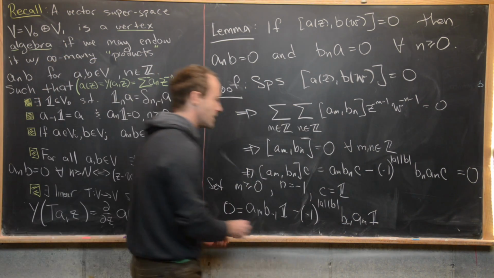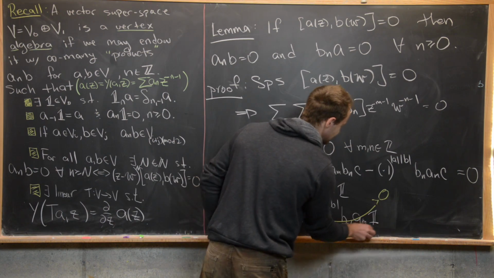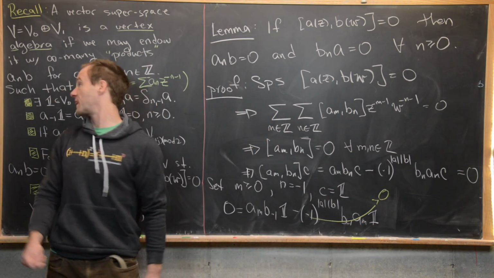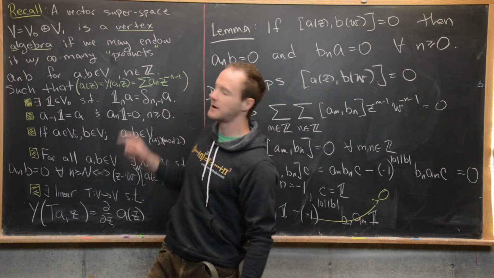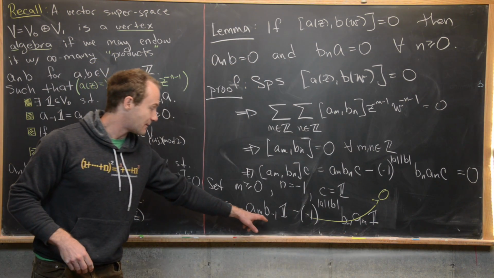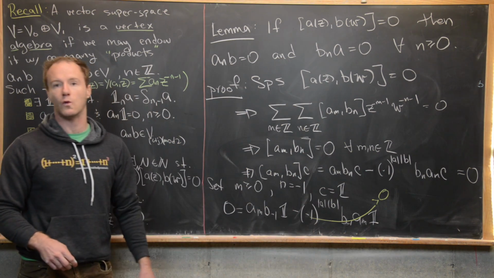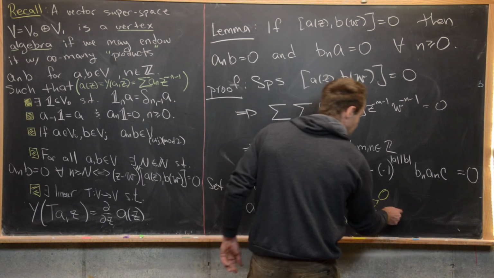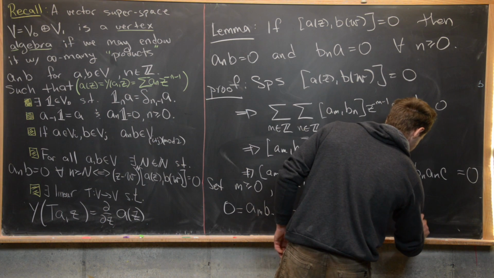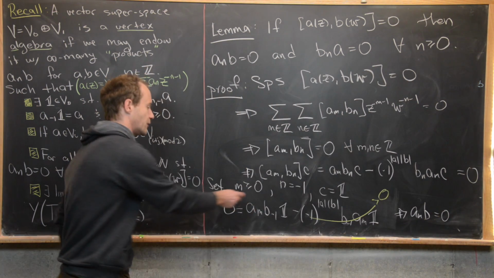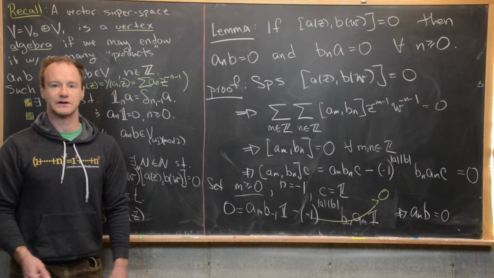But we know that all of this is equal to 0 by the creation property of a_m with the vacuum, this guy up here, and then also by the creation property, we have b_{-1} on 1 is just b. So in other words, we have a_m on b is equal to 0. And that was true for all m bigger than or equal to 0.